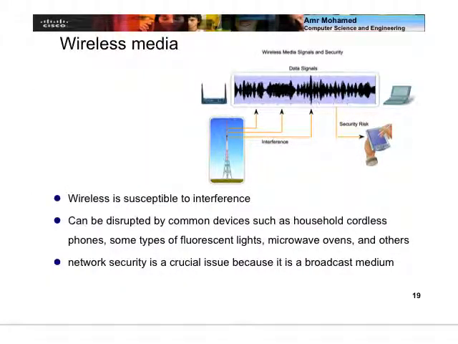So wireless, as we have discussed many times, is very prone to noise, is very prone to interference from the outside environment, and can be disrupted easily because, well, when you send over wireless, you send an analog electromagnetic signal in the air, okay?